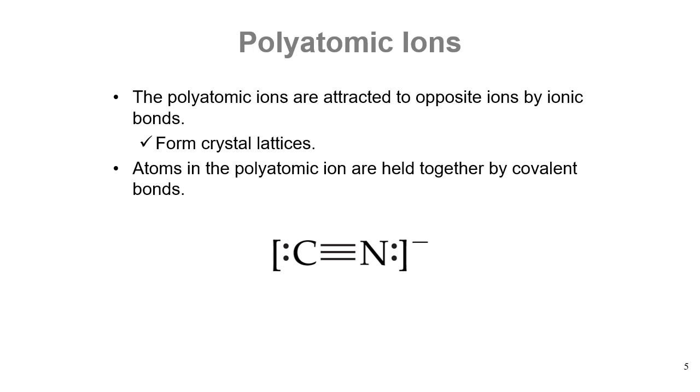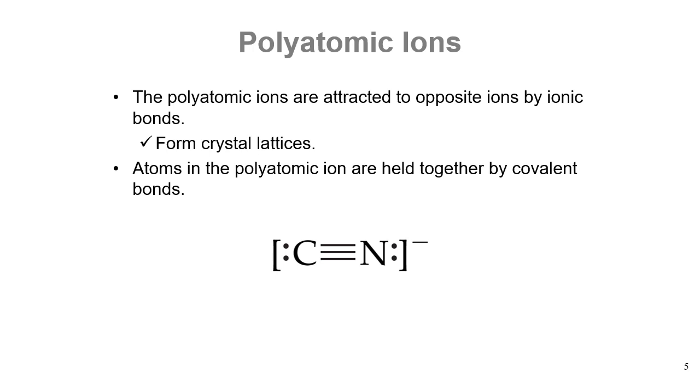For polyatomic ions, this species consists of more than one atom, usually covalently bonded, for example between C and N here, carbon and nitrogen. It stays together as a single charged unit.